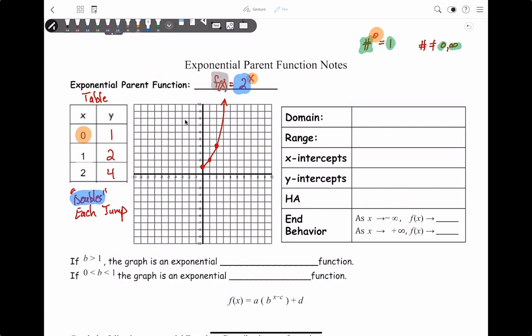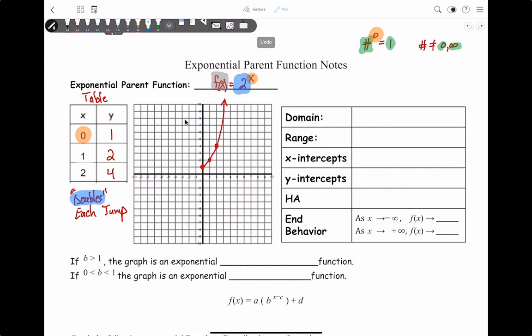So if the base was 3, it would triple each time. If it was 4 raised to the power of x, it would quadruple each jump. And I'm talking about each individual x value jump, as you go to the right.